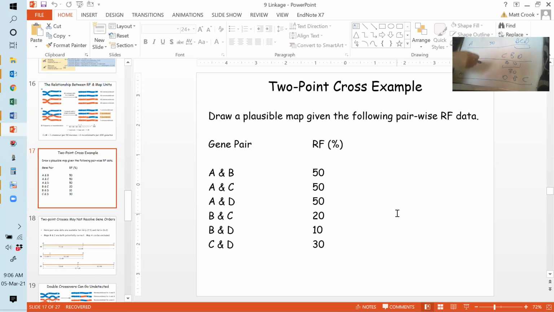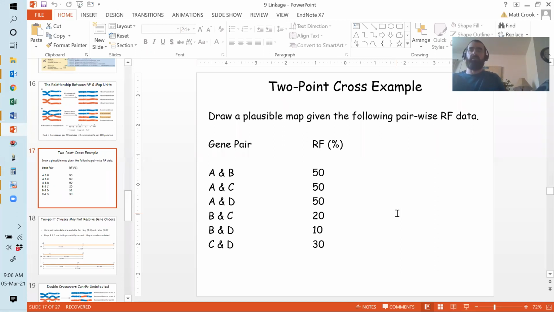But these three are so far away from A, you have no idea whether C is closer to A or D is closer to A. So the best you can do is say it's going to be this or this, right? Does that make sense? Right. You're using distance and combination of distances to figure out how far apart things are.